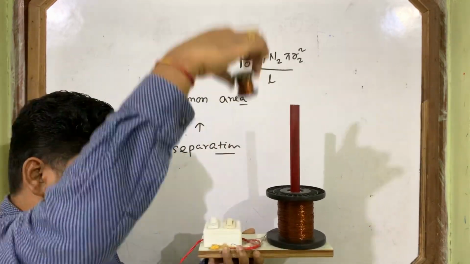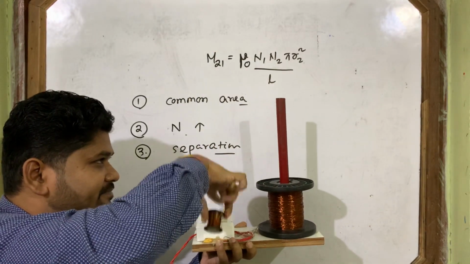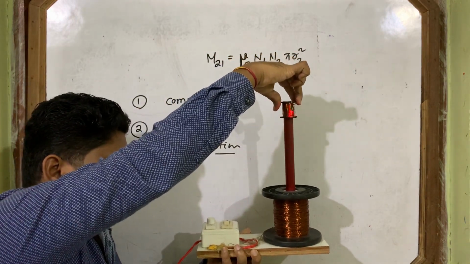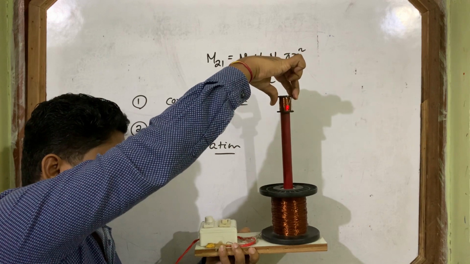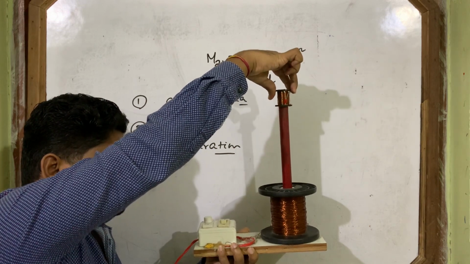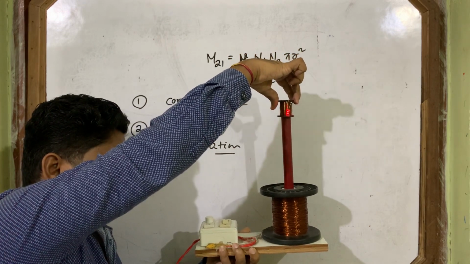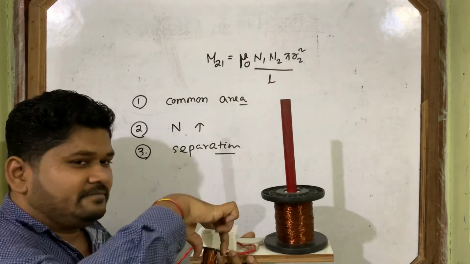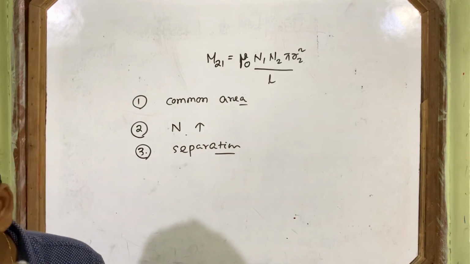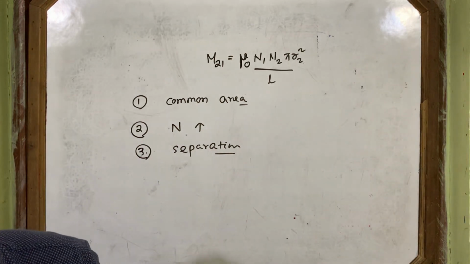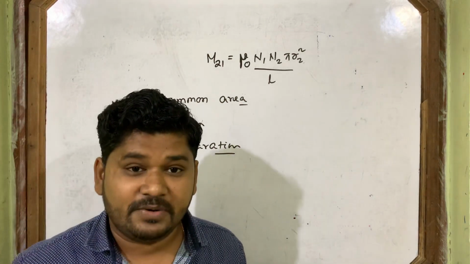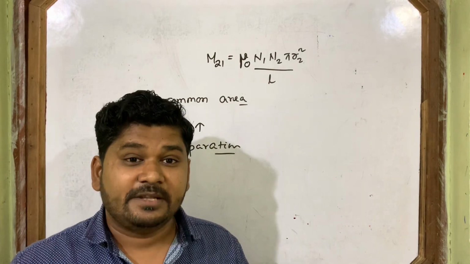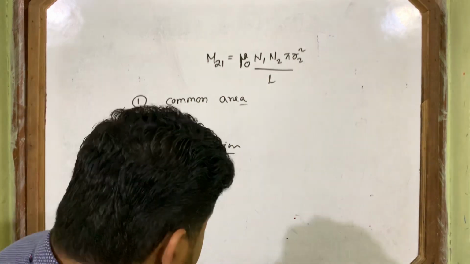See clearly how this happens. So when the separation is more, the brightness of the bulb is less, but when the separation decreases, the brightness of the bulb increases.